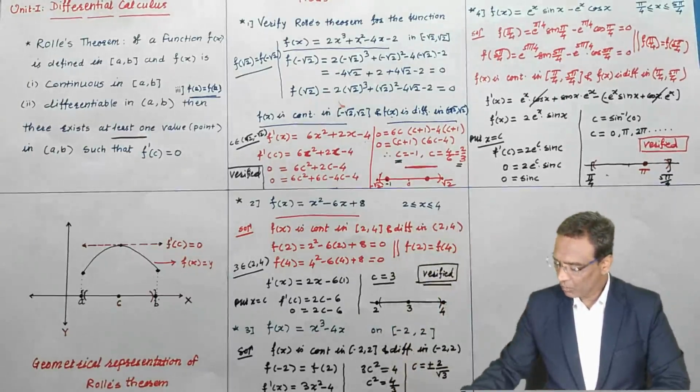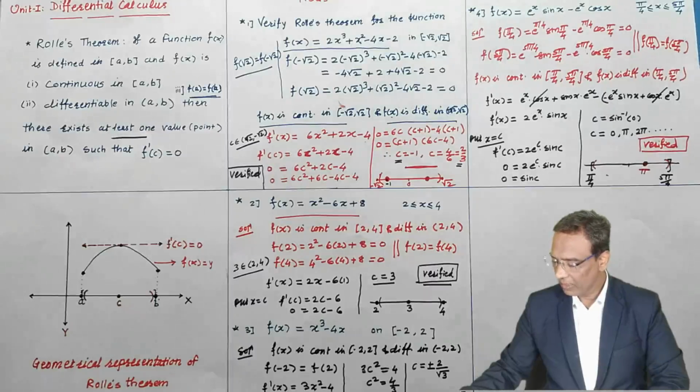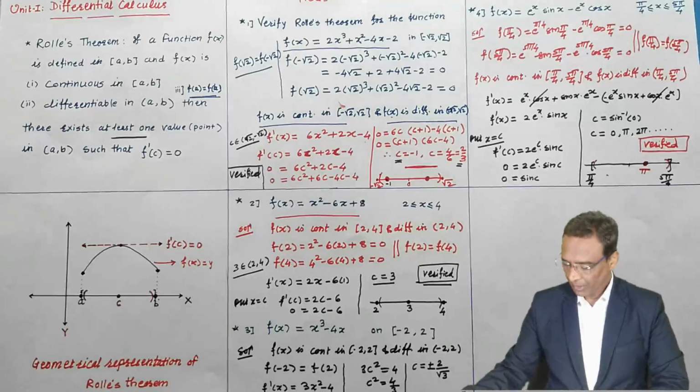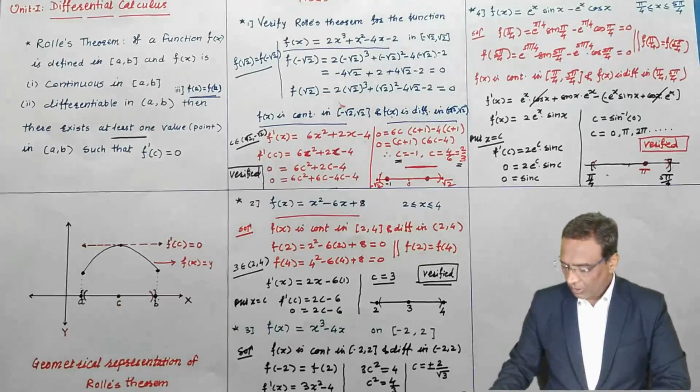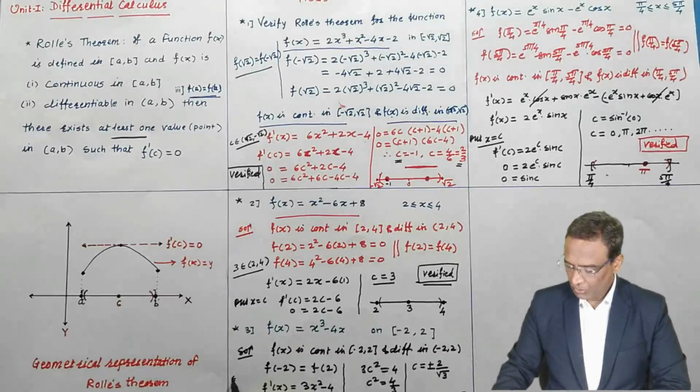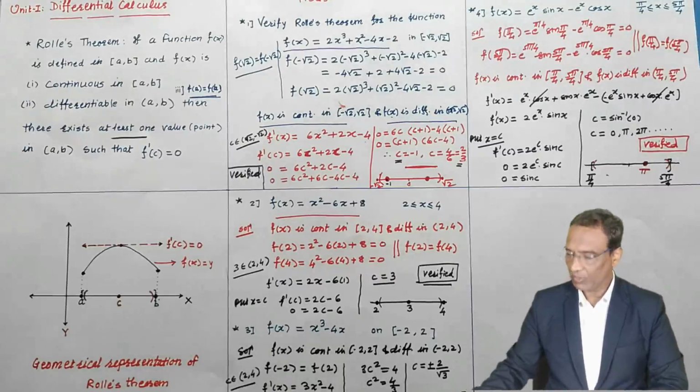This red bracket is the open interval, and C equal to 2 by root 3, C equal to minus 2 by root 3 lie somewhere here. Therefore, C belongs to the open interval. Okay, the theorem is verified again.